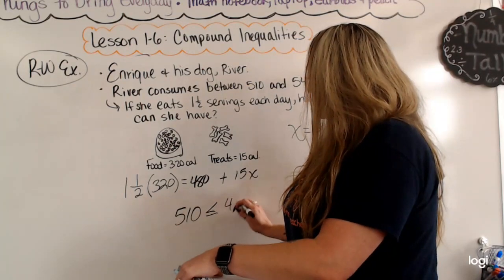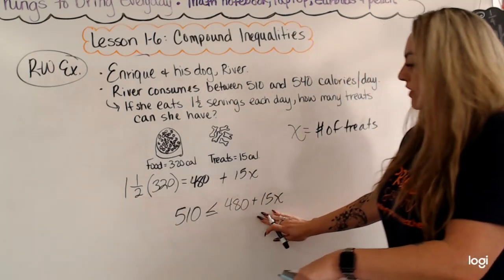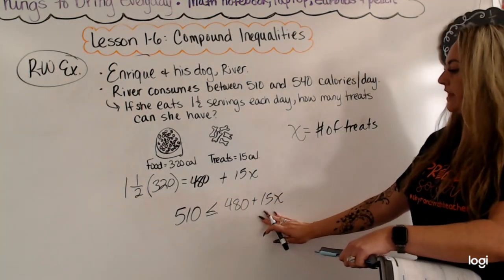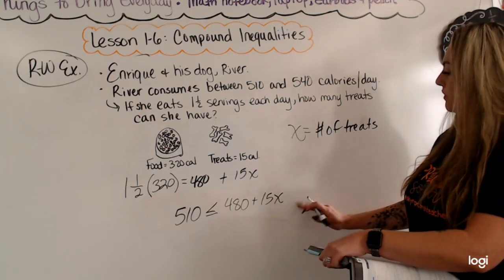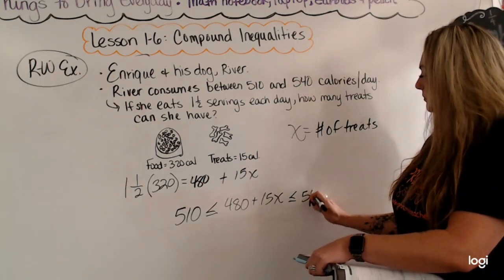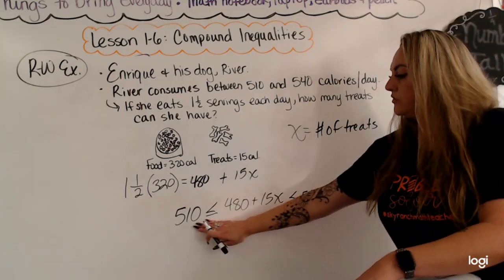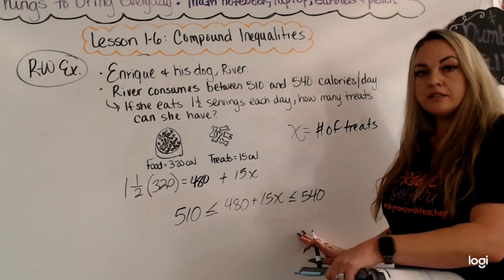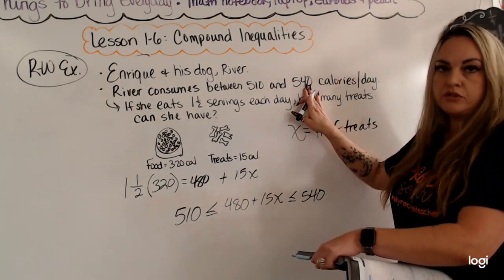So we're going to leave this as the expression for the value of X, and that amount needs to be less than or equal to 540. Remember, we are going to have this be equal to 510 and 540 because she can eat that amount. So it's equal to as well.